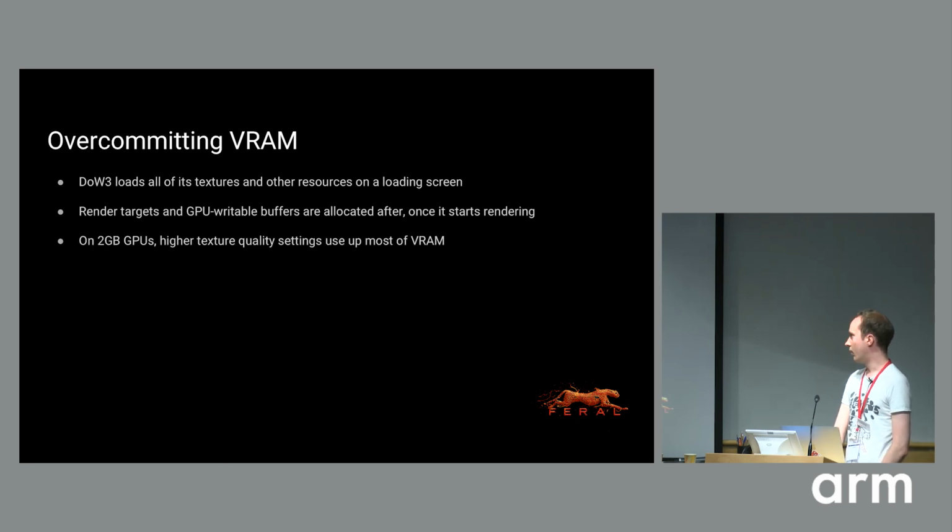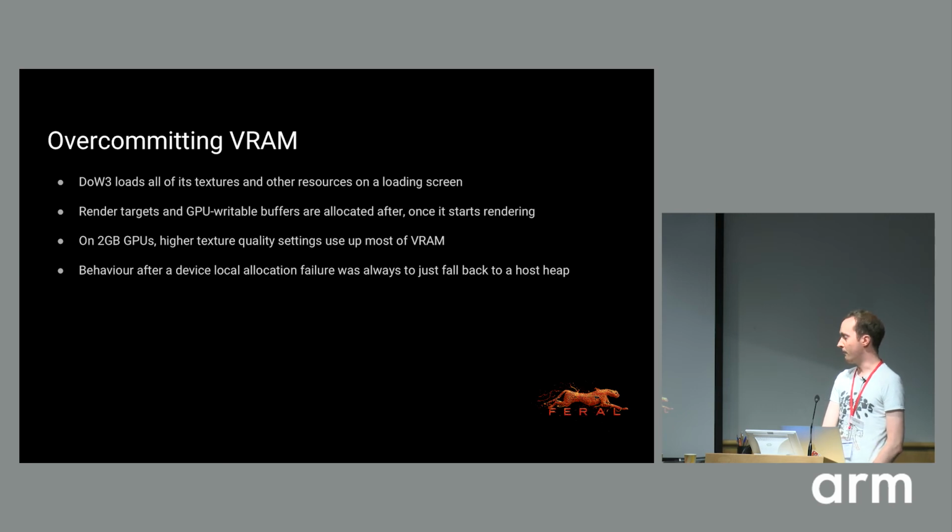So on those 2 GB GPUs, if you have the texture quality settings set high like we had on that benchmark, then the textures end up using most, if not all, of the VRAM. The original behavior we had in those beta releases was: if we get a device local memory allocation failure, then regardless of what we're trying to allocate, just fall back onto the host memory heap instead.